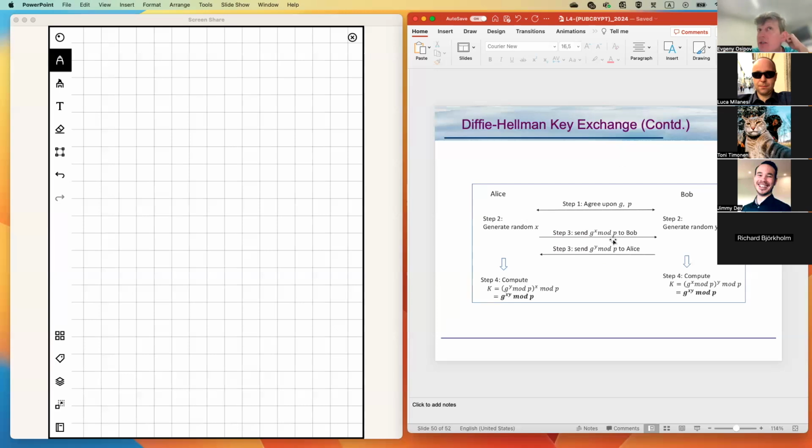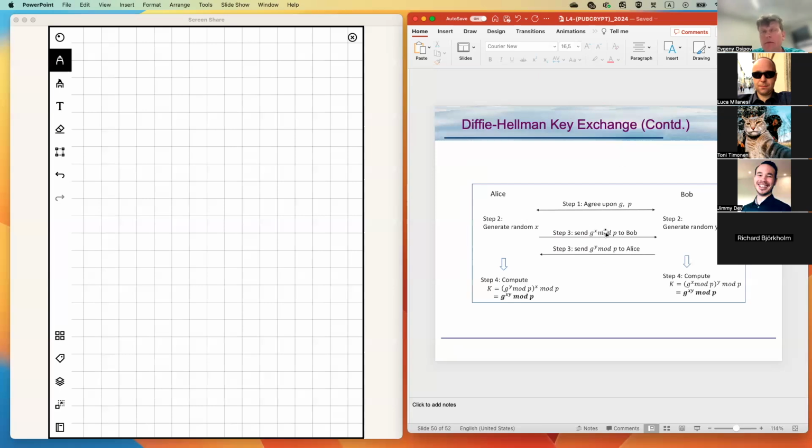Knowing G, knowing P, and knowing the result of the computation, it is mathematically proven that it is computationally very hard or impossible to compute X.